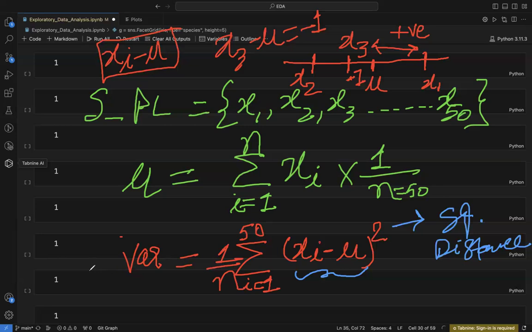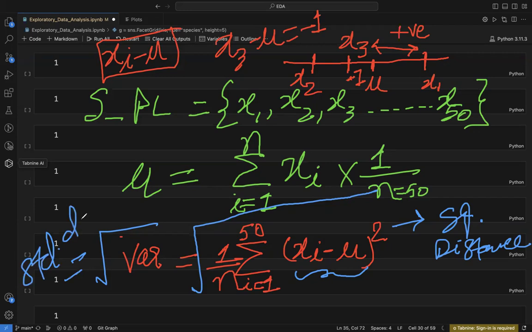I have to put the square root inside the summation. If I take the square root of variance, I will get the standard deviation, STD. This part is my standard deviation.